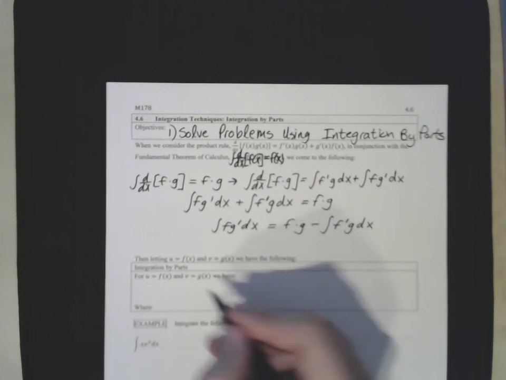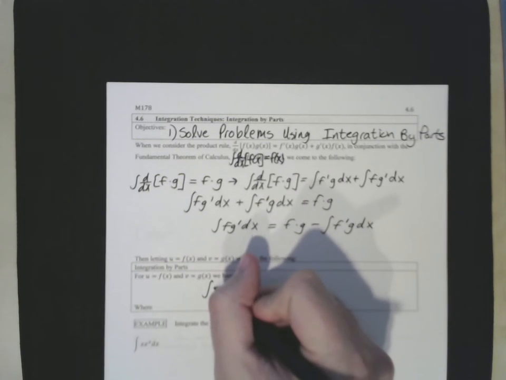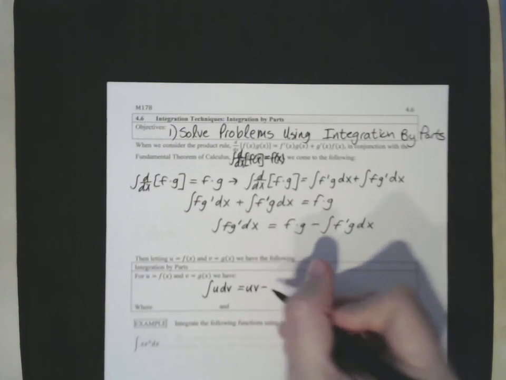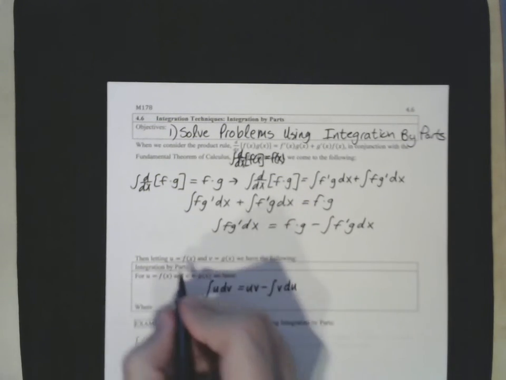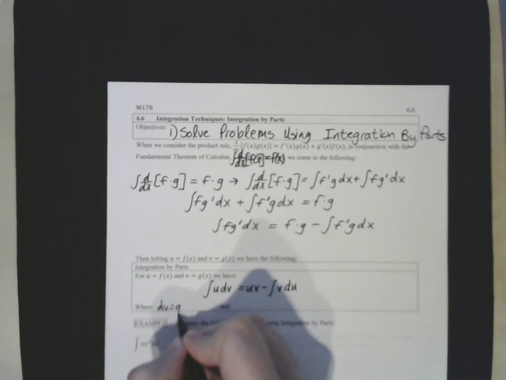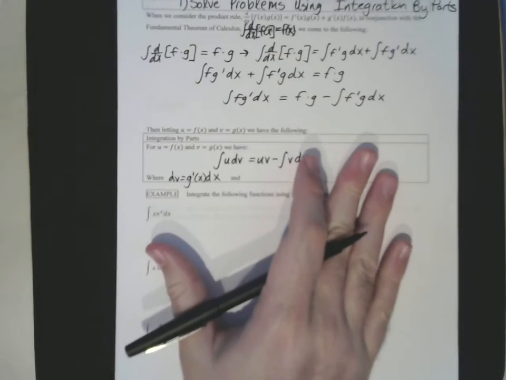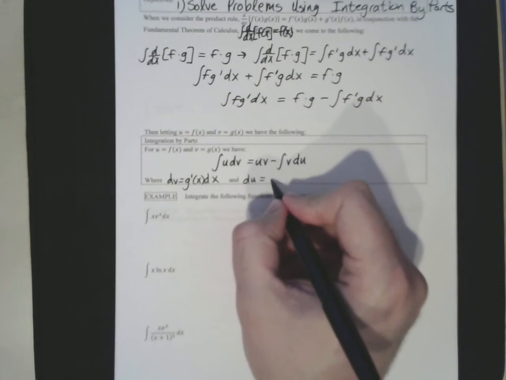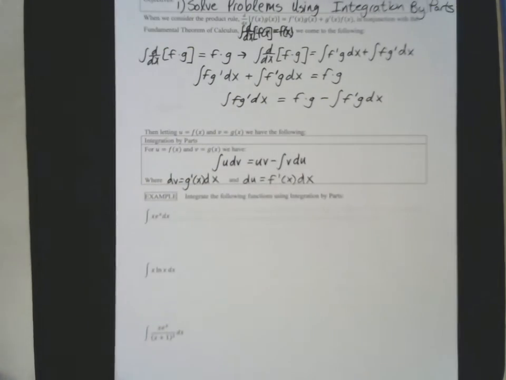For u equals f of x and v equals g of x, the integral of u dv equals uv minus the integral of v du, where dv is nothing more than g prime of x dx, since v is g of x, and du is nothing more than f prime of x dx, since u is f of x.